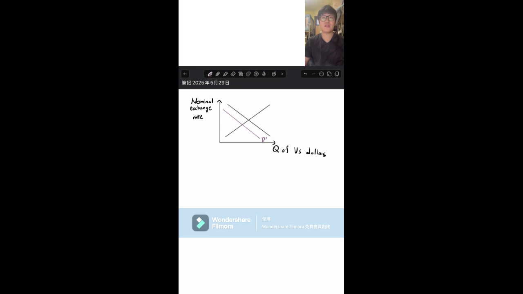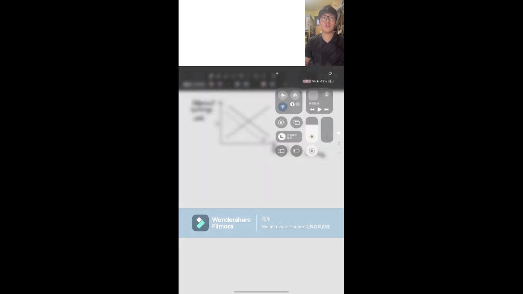The new intersection of supply and demand shows a lower nominal exchange rate, meaning the New Taiwan dollar has appreciated relative to the US dollar. In short, the reciprocal tariff reduces trade volume and leads to an appreciation of the local currency.